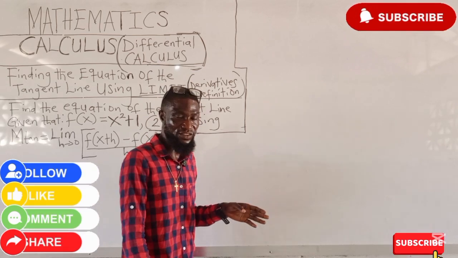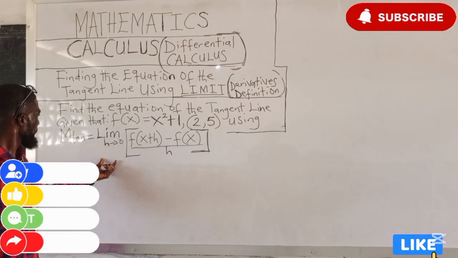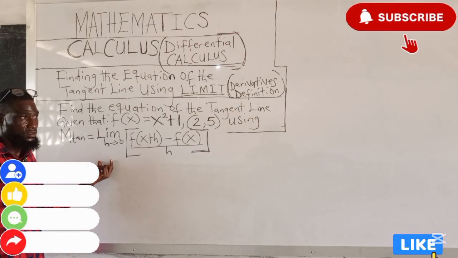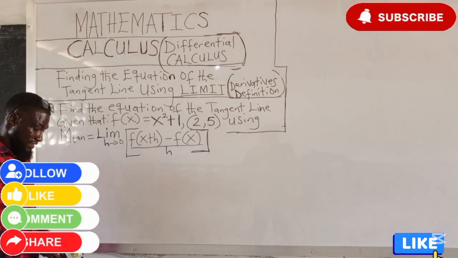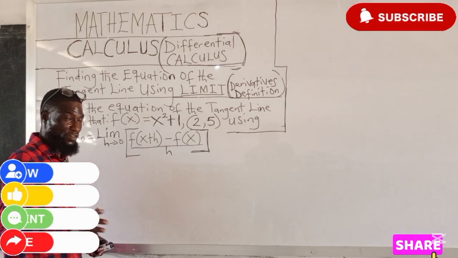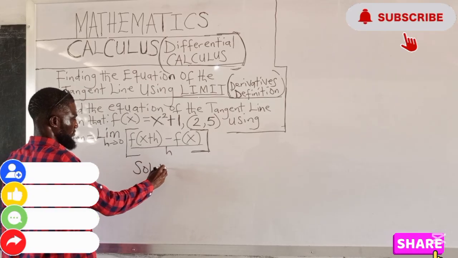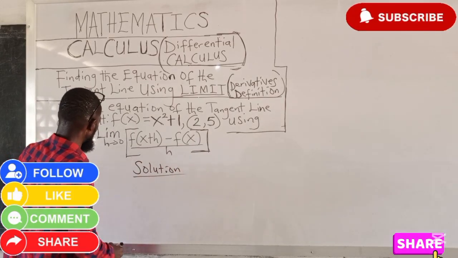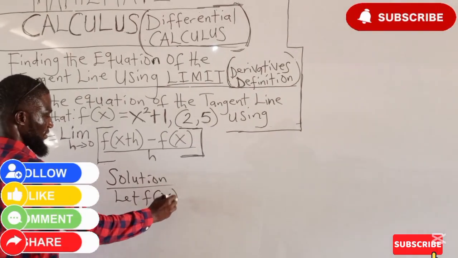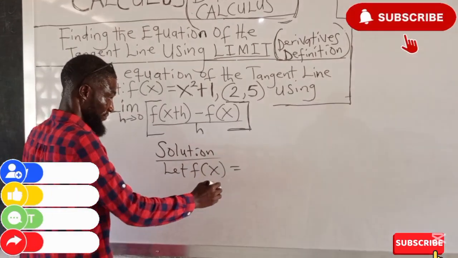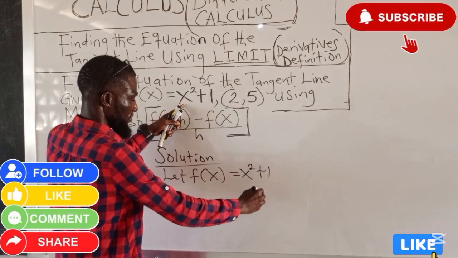Based on this information, ladies and gentlemen, we'll be looking at our mathematical formula in order to solve our problem. However, to solve our mathematical problem, we say solution. In our solution, we say let f of x be equal to x squared plus 1.